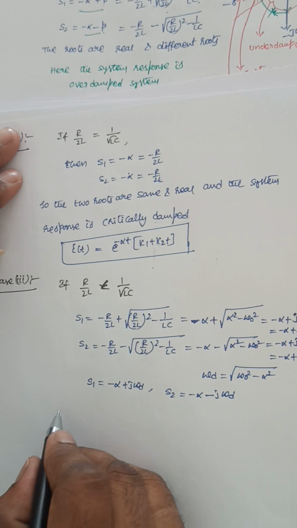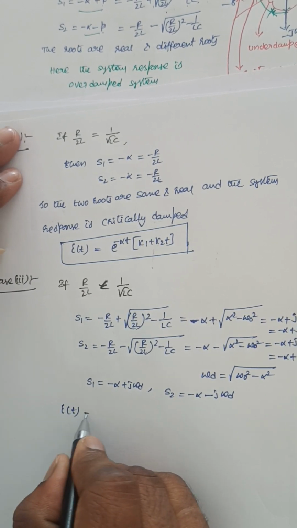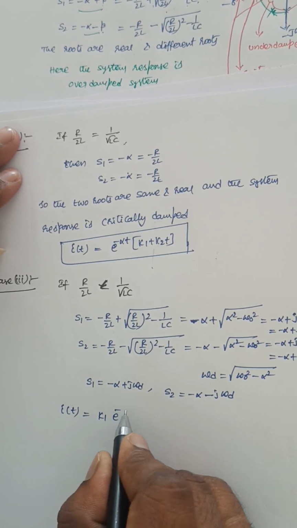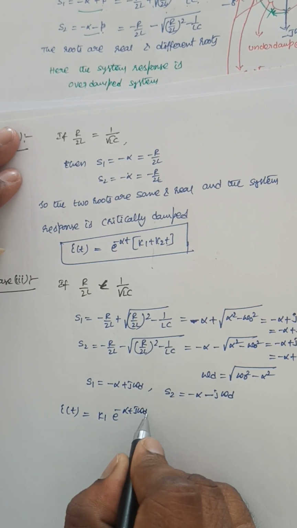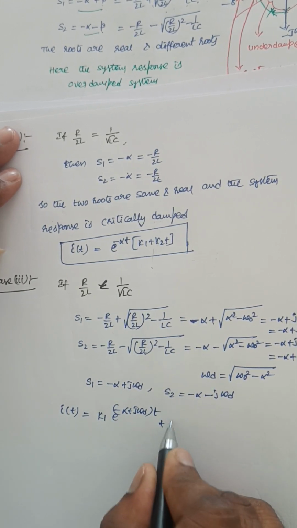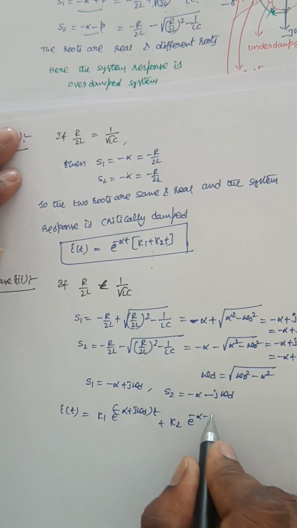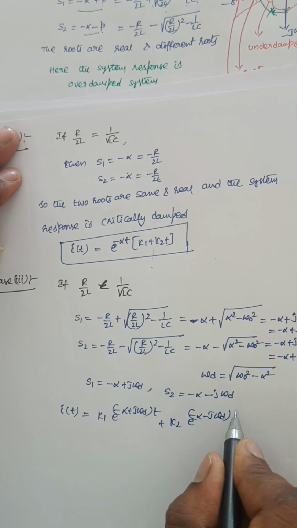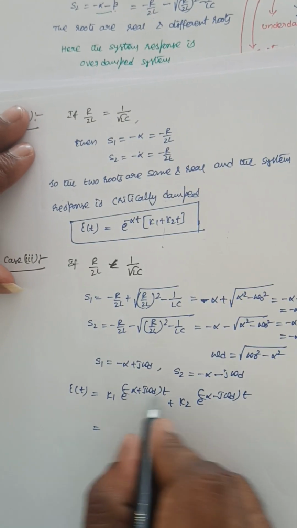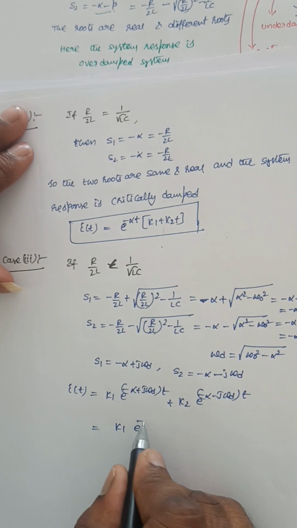So if I write the expression for I of t, with the two roots, it is k1 into e power (minus alpha plus j omega d) t plus k2 into e power (minus alpha minus j omega d) t.